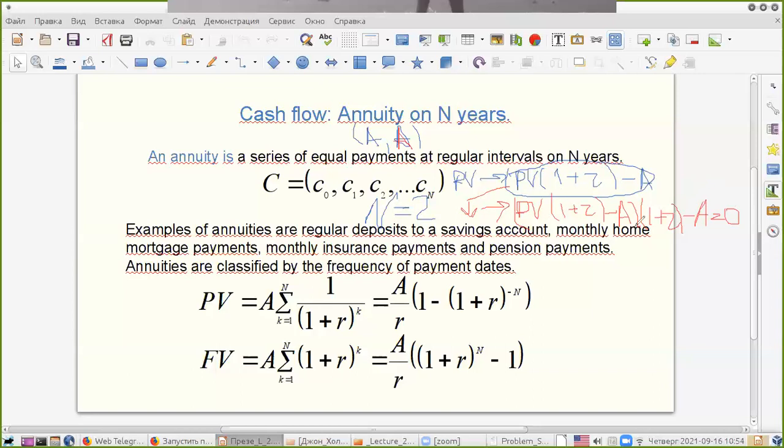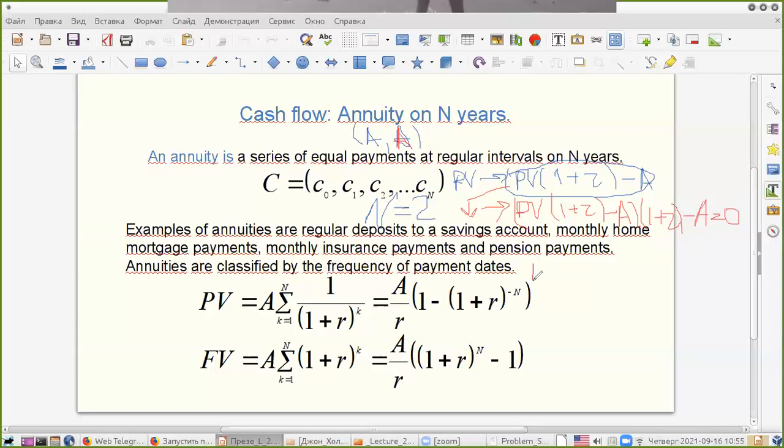So from this equation in red color, we would like to find the present value. For this we move A to the right side and divide by 1 plus r.